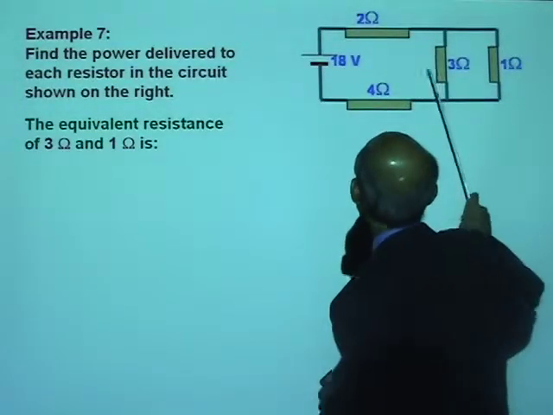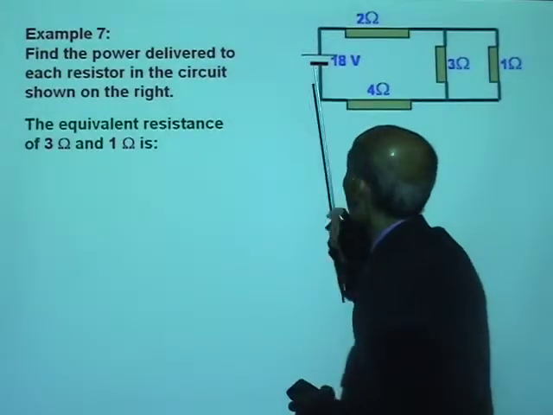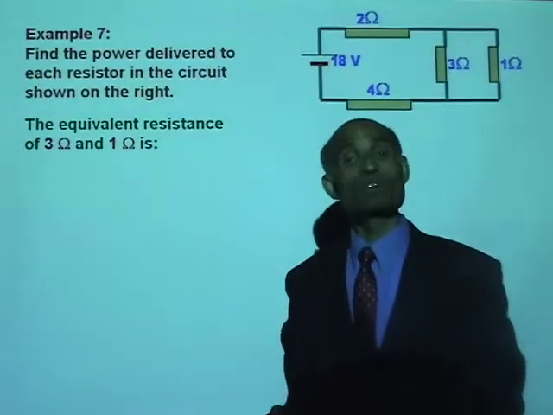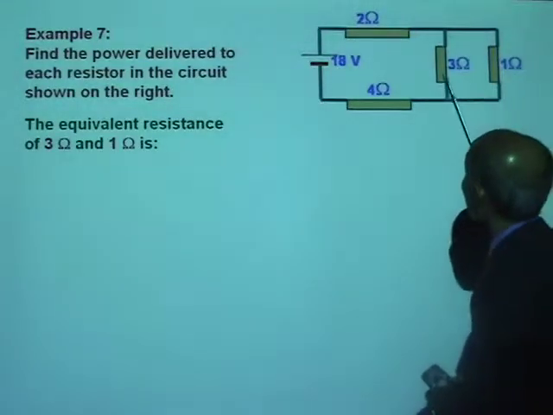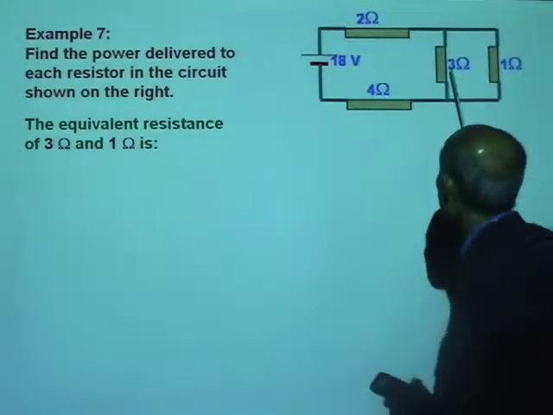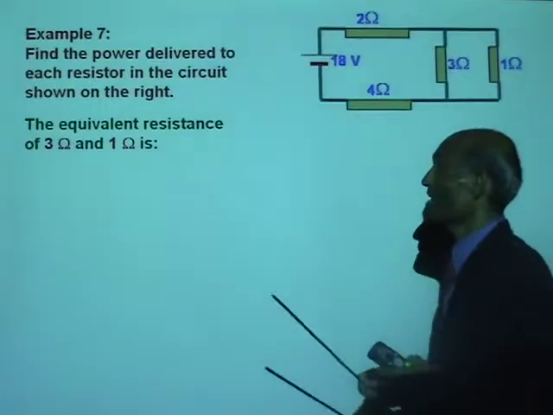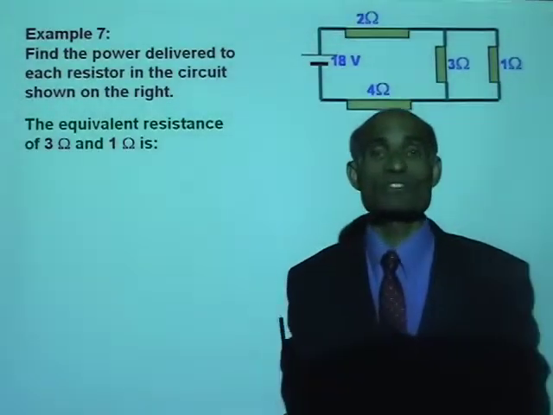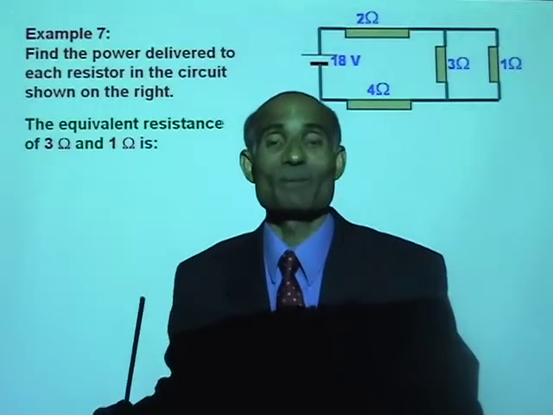So to do that, first of all, let's find the total resistance of this circuit. What do we do first? Remember, the 3 ohm and the 1 ohm are a parallel circuit. So first we find the total resistance of that parallel combination. What is the total resistance of 3 ohm and 1 ohm connected in parallel?